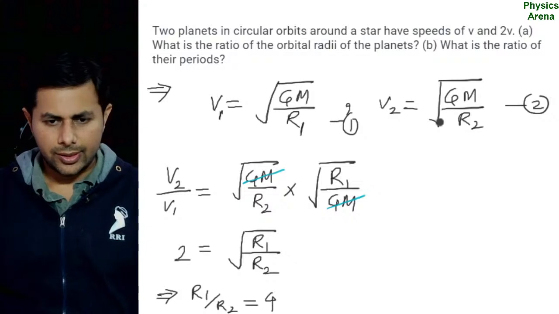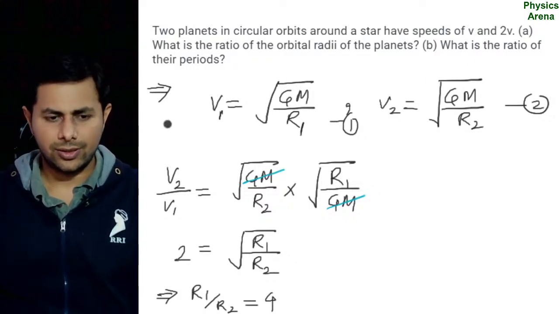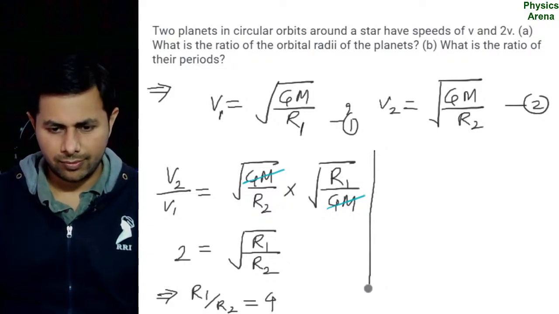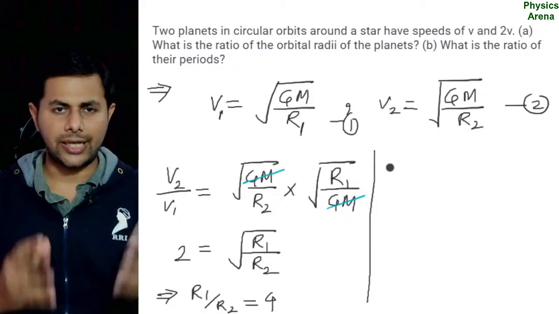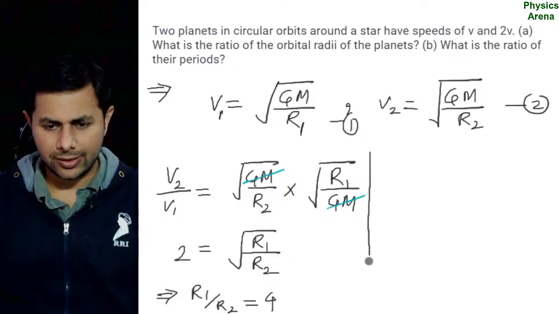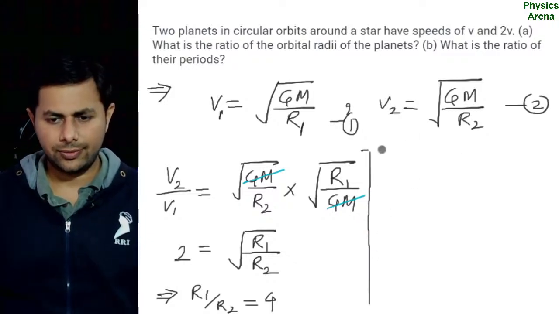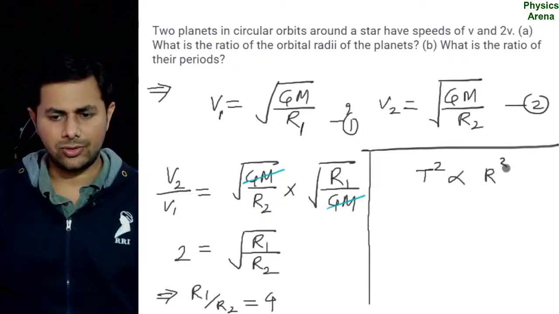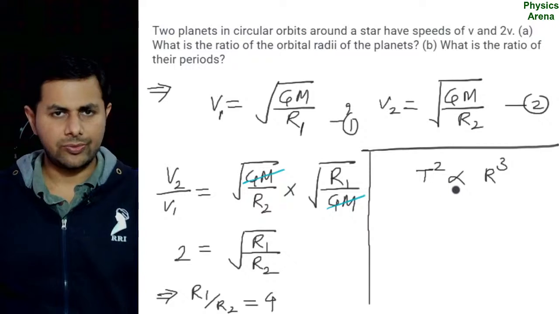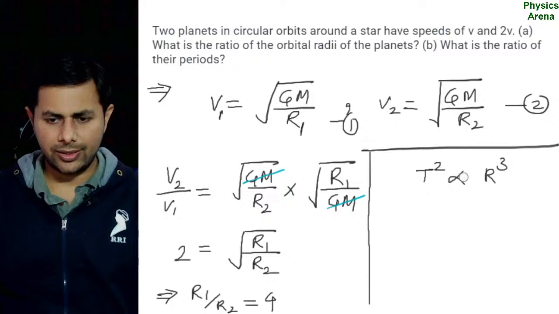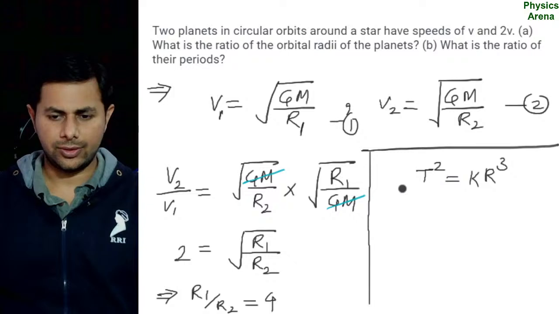Then what is the ratio of their periods? This is again very simple. There is a relation between the time period and the radius. If you remember, it is Kepler's third law. We know that T squared is directly proportional to r cubed, or I can write T squared equals some constant multiplied by r cubed.